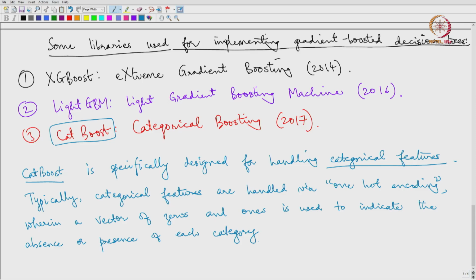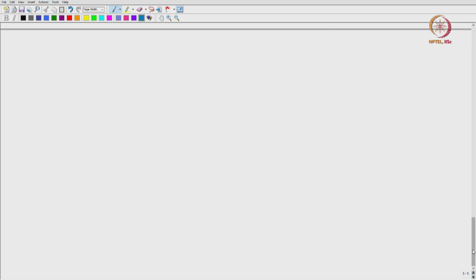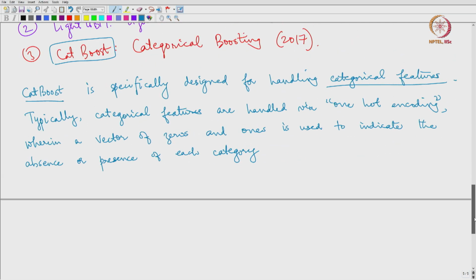Okay. So, what you end up doing is you ask a yes or no question for every category, okay, to which the data point may belong to.